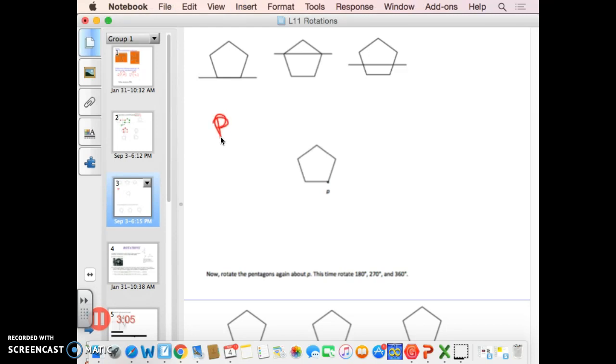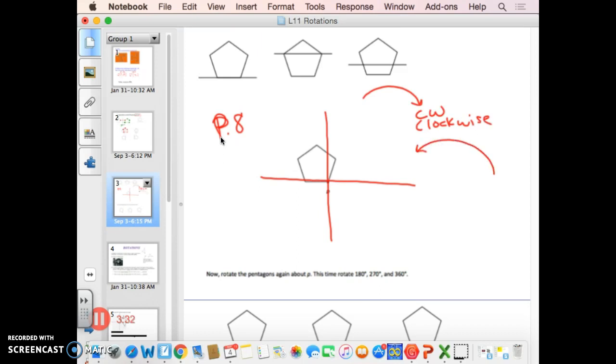And what I would like you to do is you're going to actually take a piece of patty paper, which is that tracing paper. And when you go ahead and trace this point, I'd like you to also draw the x and y axis. Okay, so if you're going to do a 90-degree rotation, say, remember this direction is clockwise, and if you turn this direction, this is counterclockwise.